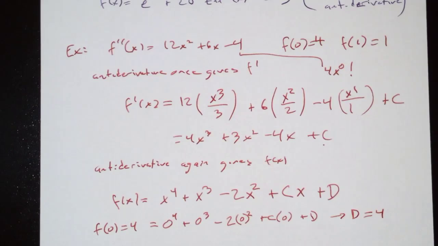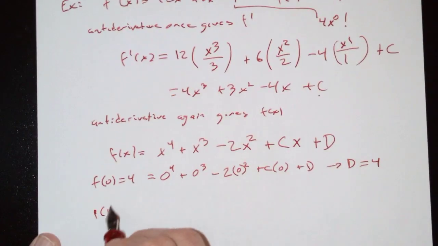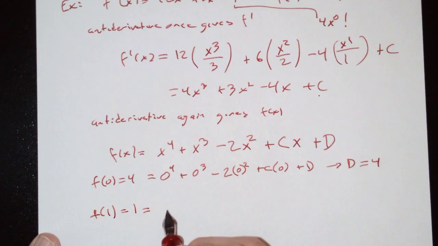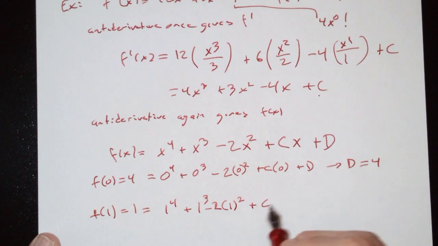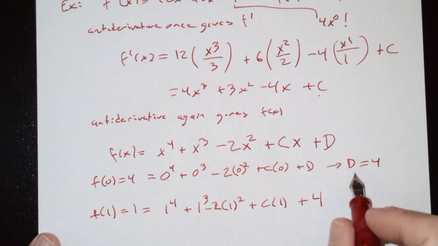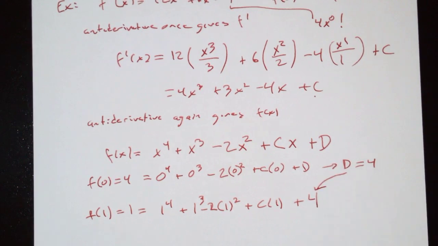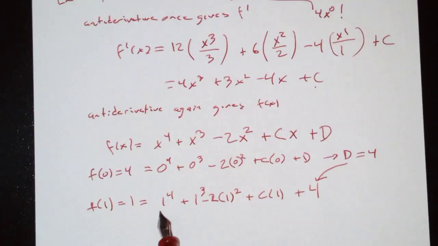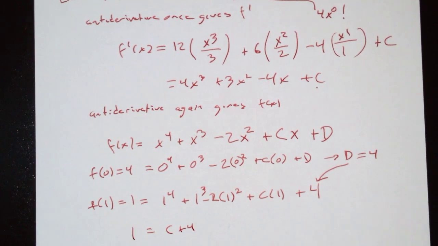Which I can then use to figure out C. Because I have F of 1 is 1, so that's 1 to the 4th plus 1 cubed minus 2 times 1 squared plus C times 1 plus 4. And now I can figure out C. Because this whole right-hand side is 1, and 1 plus 1 minus 2 plus C, this is C plus 4 equals 1.